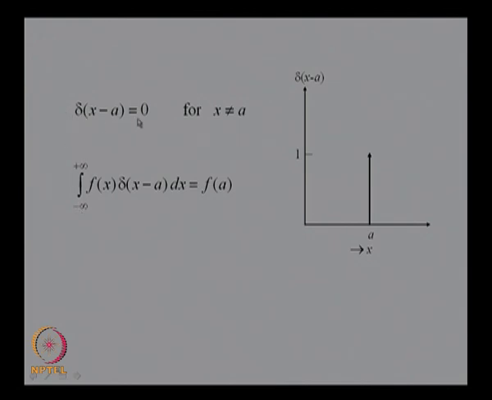Delta of x minus a is 0 for x not equal to a. At x equal to a, it is not defined; actually it has an infinite value, but we represent the function by a spike of unit height. This is how a Dirac delta function is represented, and it is defined by these two equations.